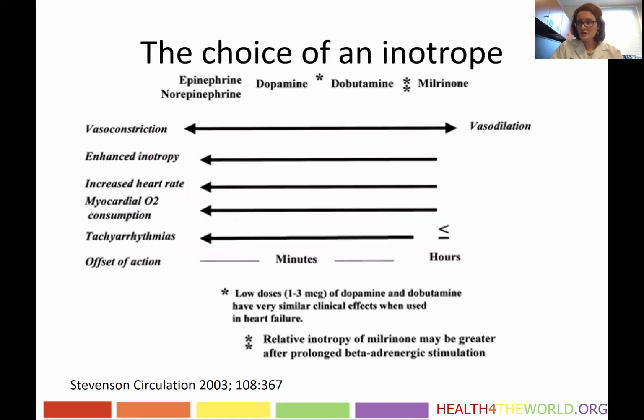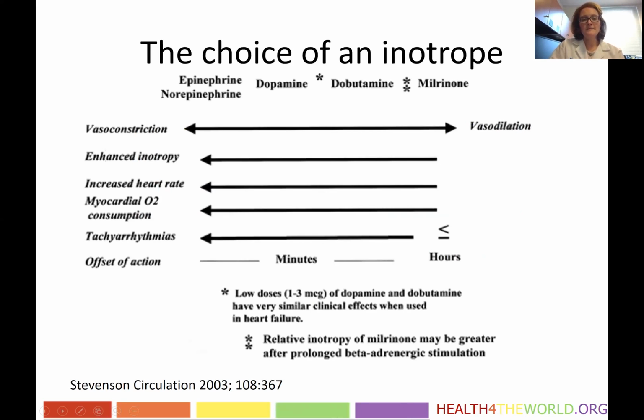So how do we choose which inotrope, which is going to augment contractility in our patients? Depending on where our patients are, we may only have access to one type of inotrope, but we may be able to choose, and sometimes the patient will help us choose. So for example, a patient who has a very low blood pressure may not be able to tolerate milrinone because it's more profoundly vasodilating, and so we would choose dobutamine in that patient.